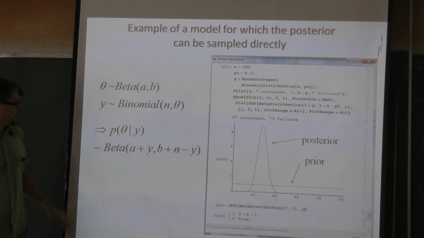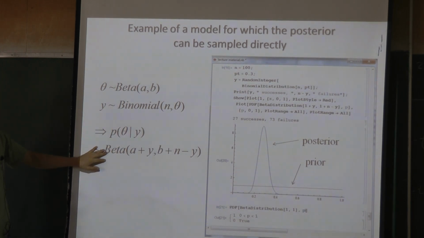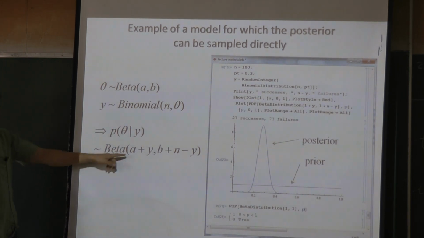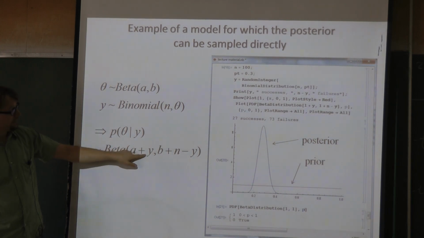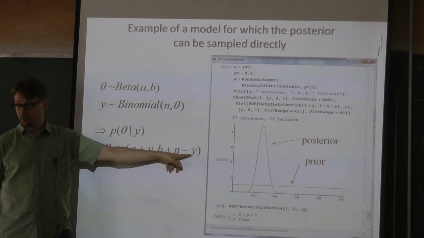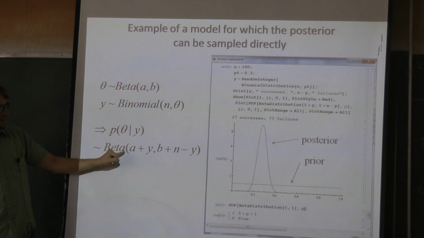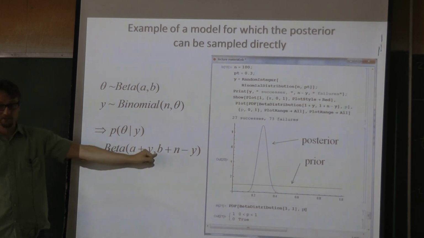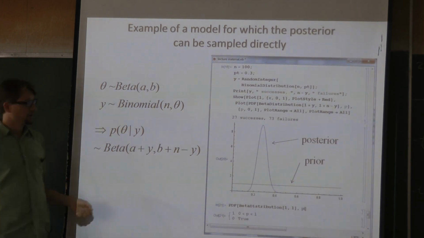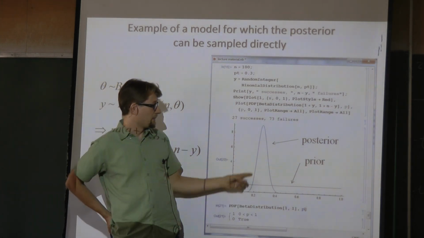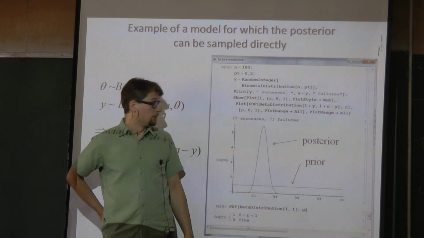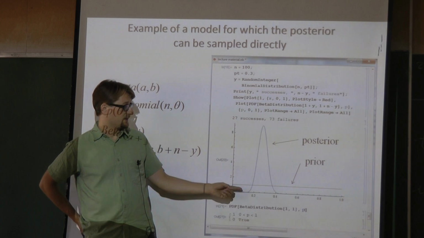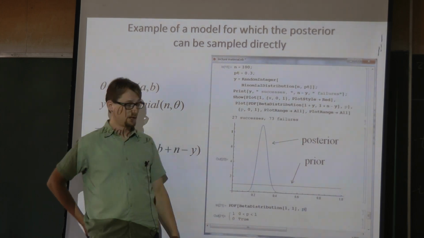And then I just write down the expression for the beta distribution. So now y is 27, n minus y is 73. And then I have here 1 plus, and this is 1 plus because that was the prior. And then I plot the probability density of the posterior distribution. That's the blue line. Okay?